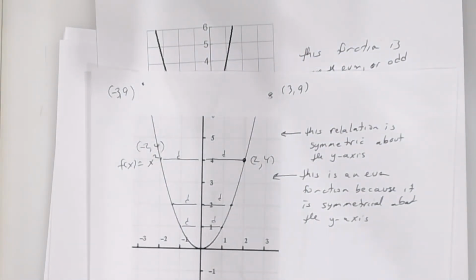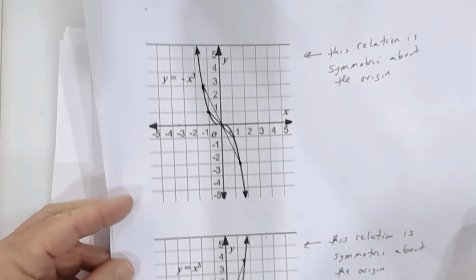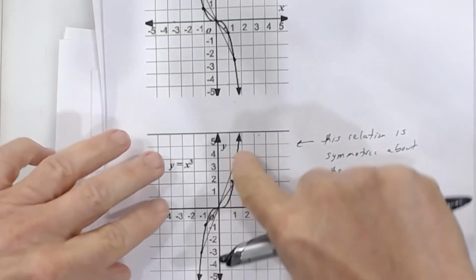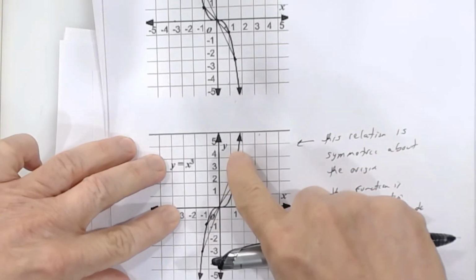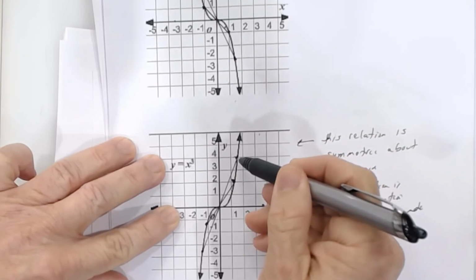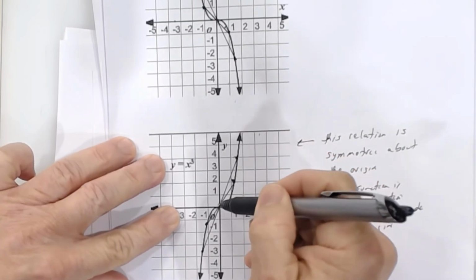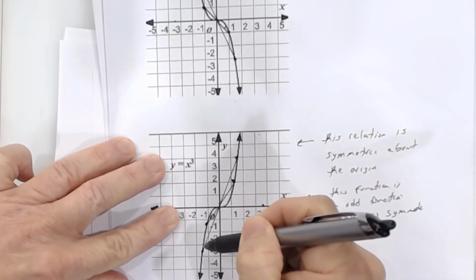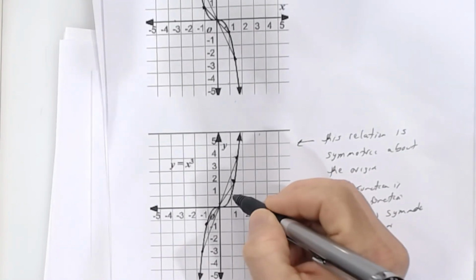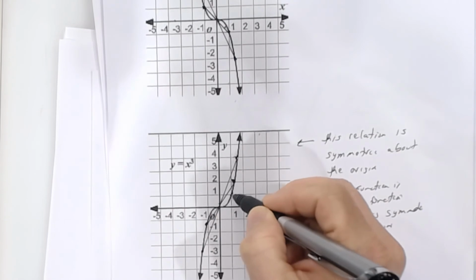All right, now let's talk about an odd function. Let me go back to this odd function here. All right, let's do this one. Okay, so remember earlier when I used the ruler and I actually took this point right here and I reflected it about the origin and I got this point? Let's look at those 2 points. Let's do this point here, 1, 1.